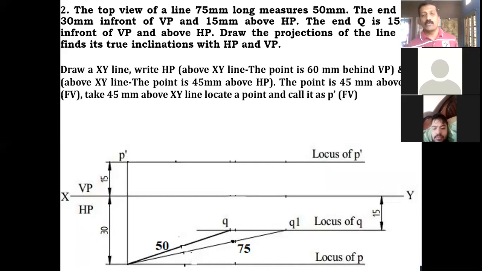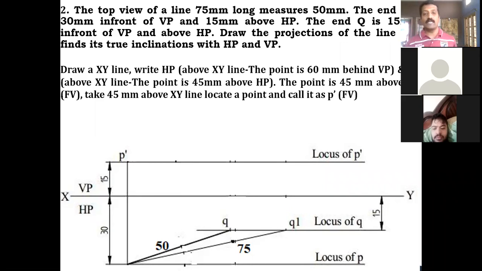So I have taken 15 millimeter below the XY line and drawn the locus of Q in the top view. Till here he has given the data, and he says above HP. We don't know how much above HP the point Q is. That we need to find out.